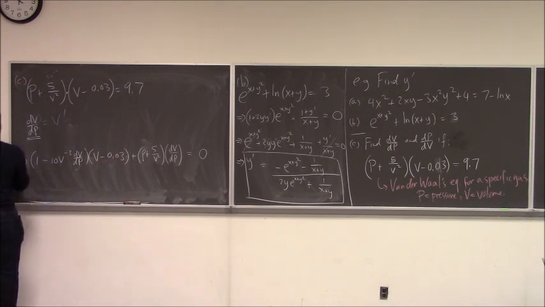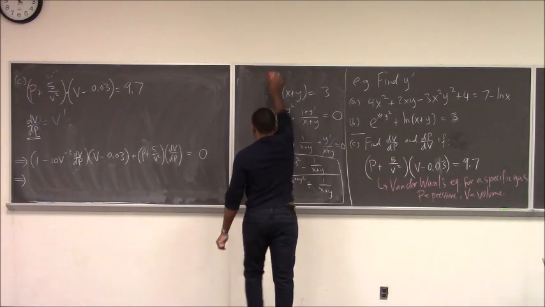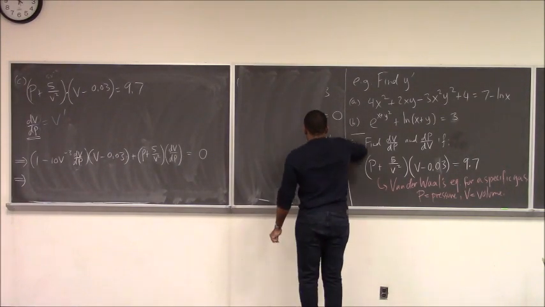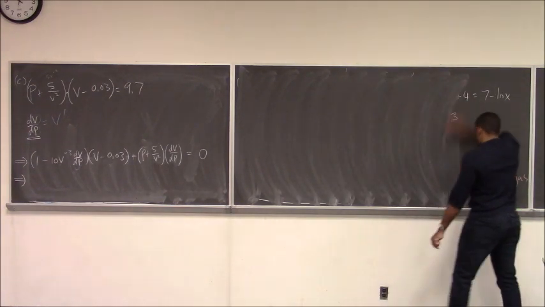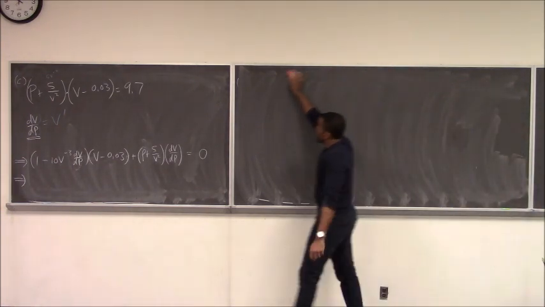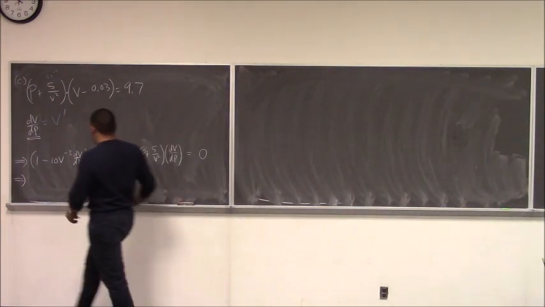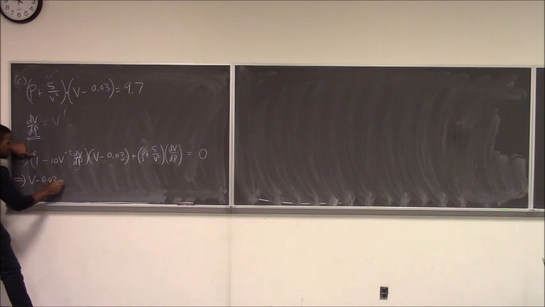So now this is going to be kind of annoying. Pretty much you'd expand and isolate the dv dp. One multiply out, so I get v minus 0.03.